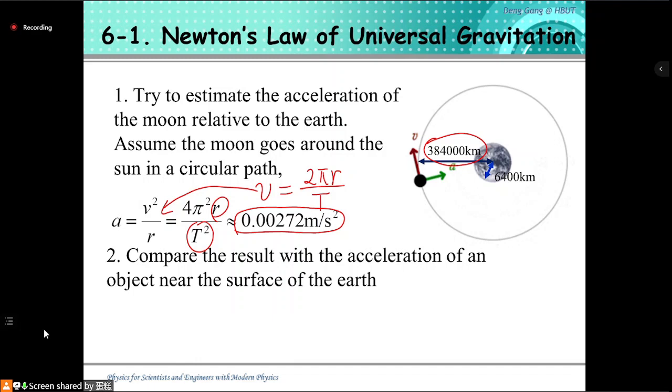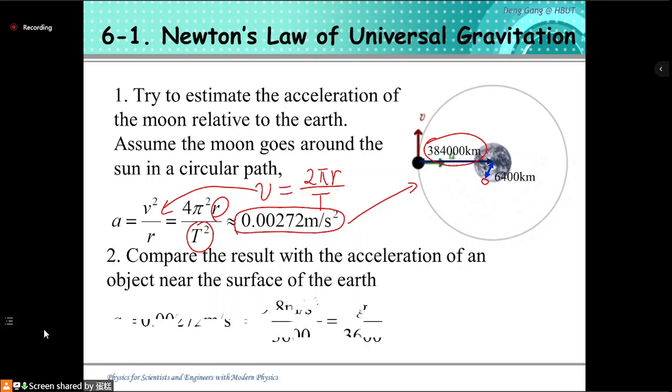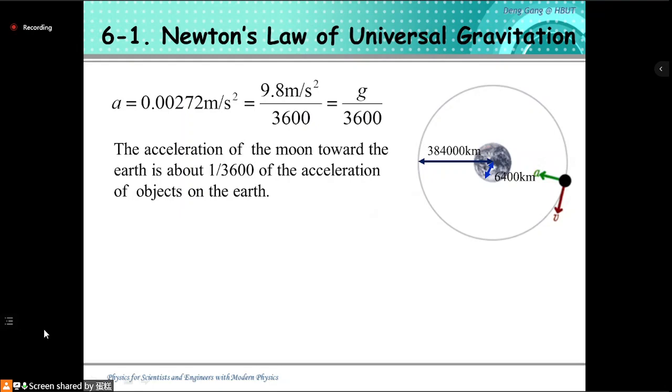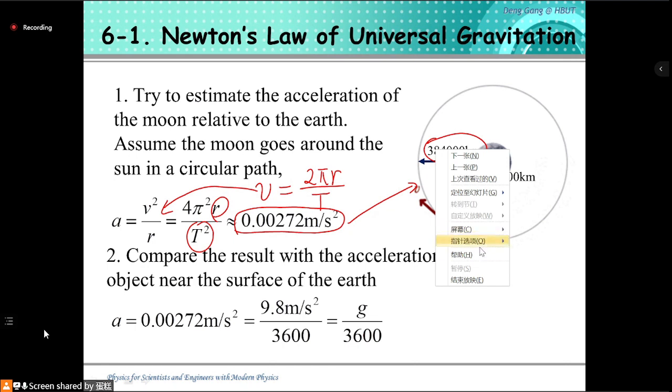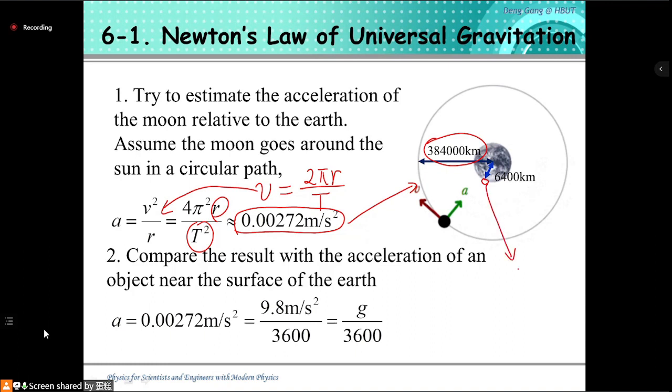Okay, we can compare it with the acceleration near the surface of the Earth. So this is the acceleration here. Then we want to find the acceleration here. The acceleration here is about g, equal to 9.8 meters per second squared, while the acceleration here is this.